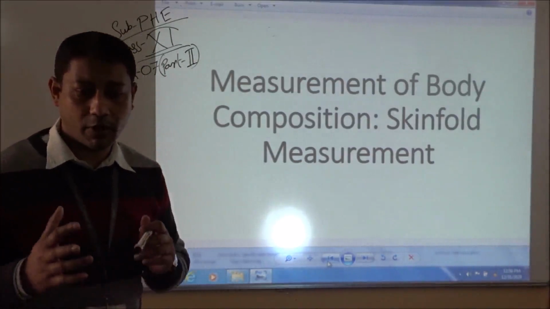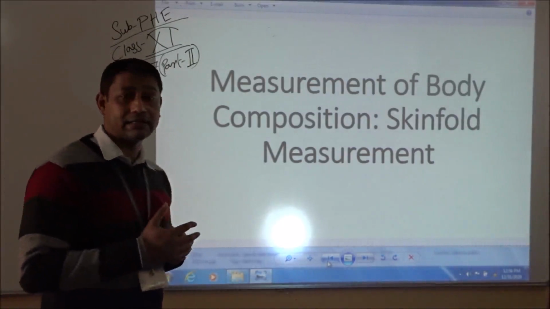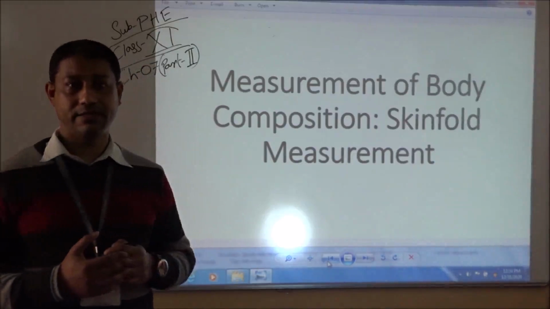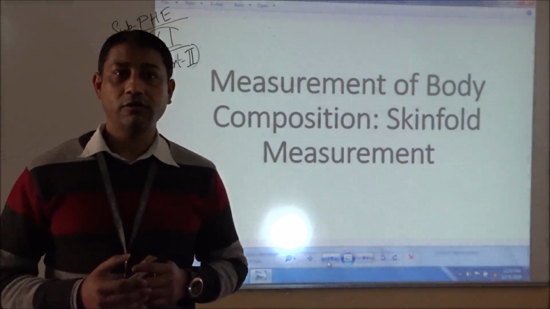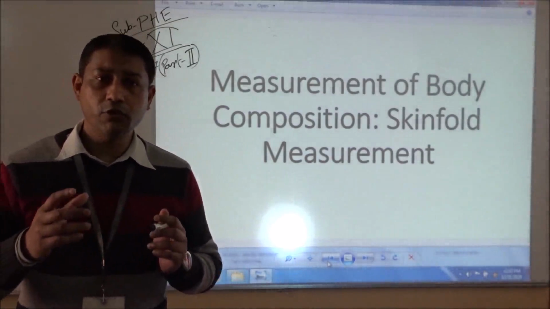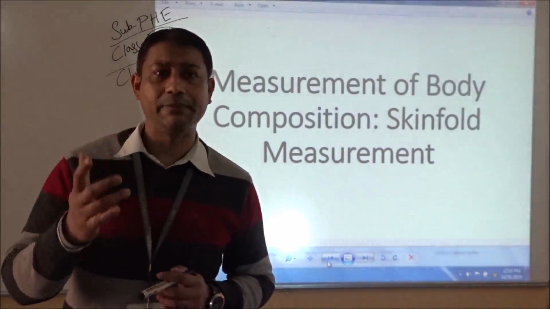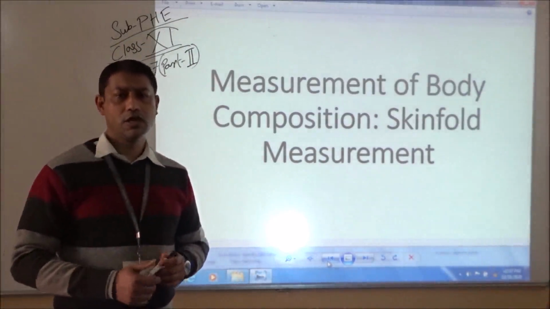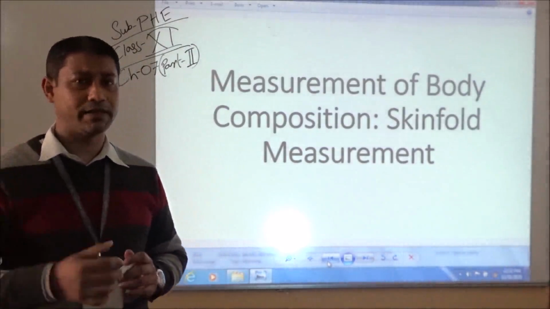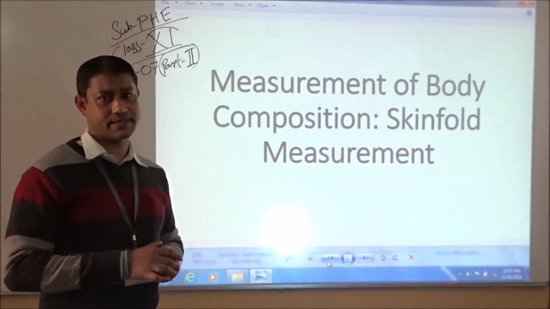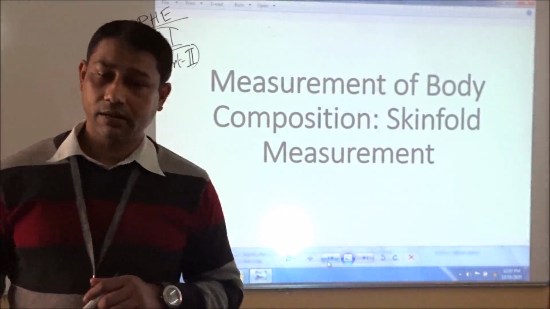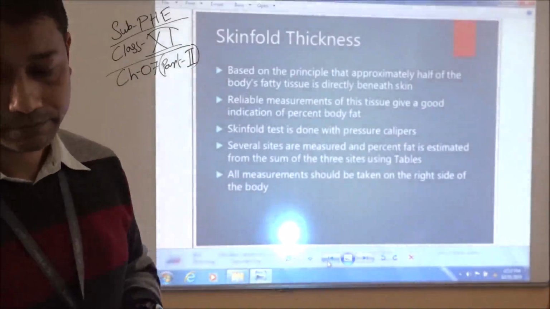Measurement of body composition can be done with the help of skin fold measurement. You must have seen the vernier calipers in the physics lab. It is commonly found. With the help of vernier calipers or skin fold calipers, body composition is measured, students.